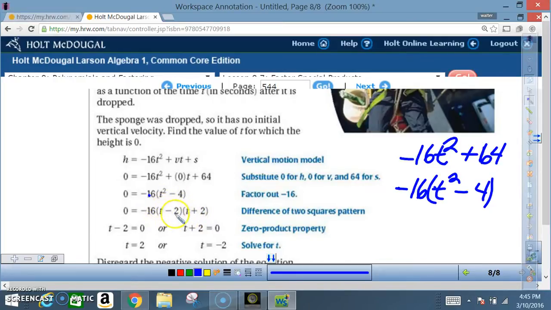So I end up with t minus 2 times t plus 2, and don't forget that negative 16. Now we're going to use the zero property, and we know that a negative 16 equal to 0 makes no sense, so that's gone. And so I'm left with t minus 2 is equal to 0, or t plus 2 is equal to 0. When I solve this, I end up with t is equal to 2, or t is equal to negative 2.